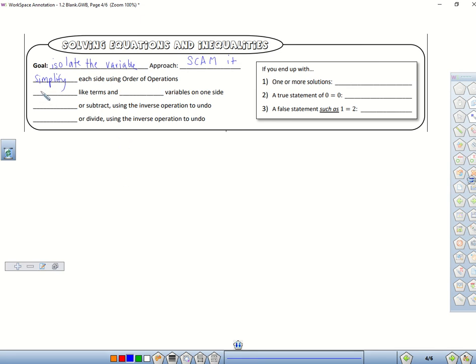The next one is going to be combine like terms and collect variables on one side. Our next goal will be to add or subtract using the inverse operation to undo, which we've done multiple times in the examples, and then to multiply or divide using inverse operation to undo.